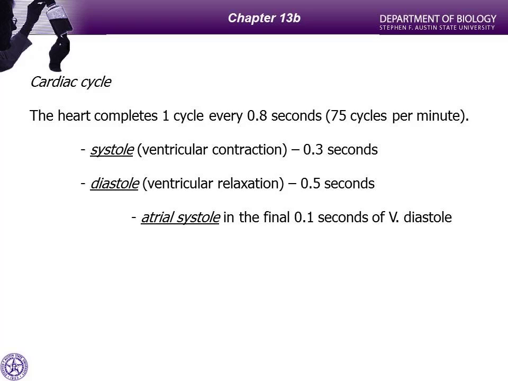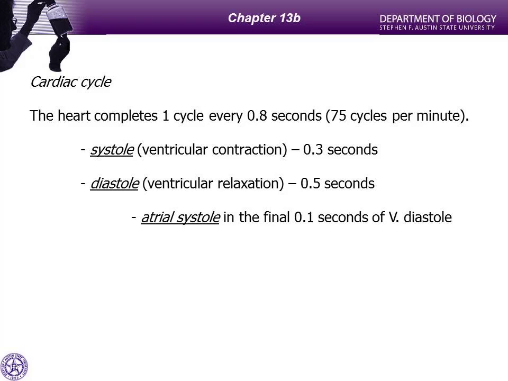But notice we've also got atrial contraction, atrial systole. This is going to occur in the final 1/10 of a second of ventricular relaxation. So basically our cardiac cycle is our ventricles contracting, relaxing. Contracting, relaxing. We spend more time relaxing than we do contracting. Contracting, relaxing.